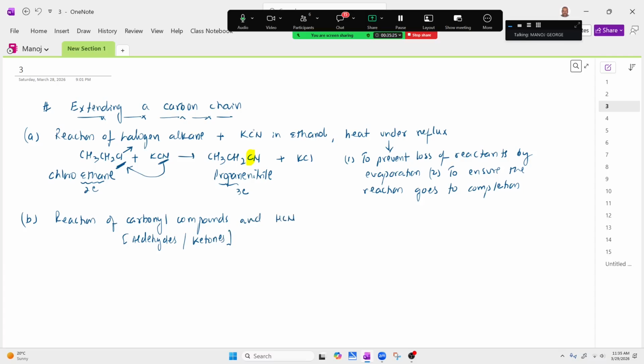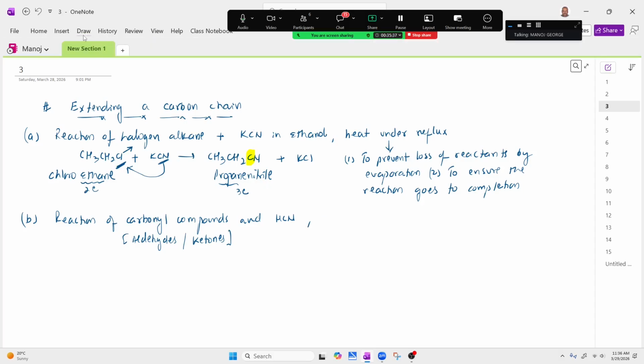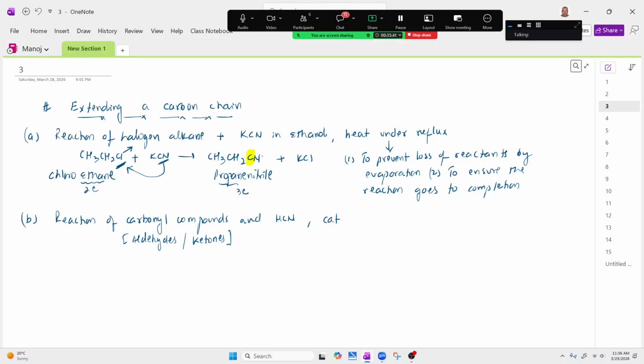This is where the HCN comes in, hydrogen cyanide. Okay, and the catalyst is KCN. So KCN is the catalyst in this reaction, and it is in aqueous condition.